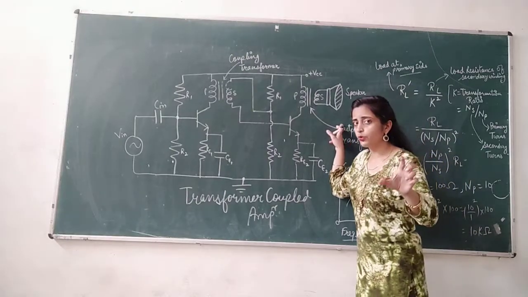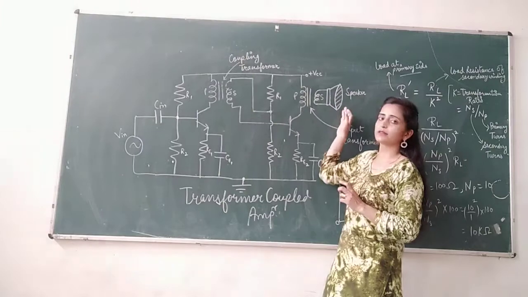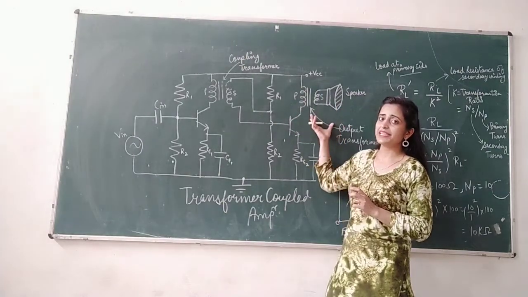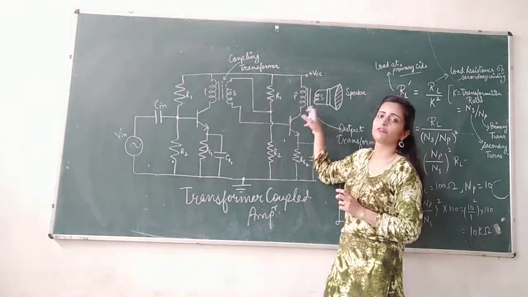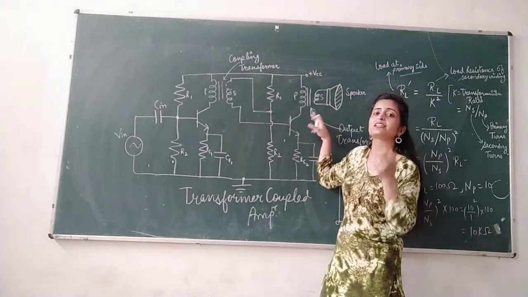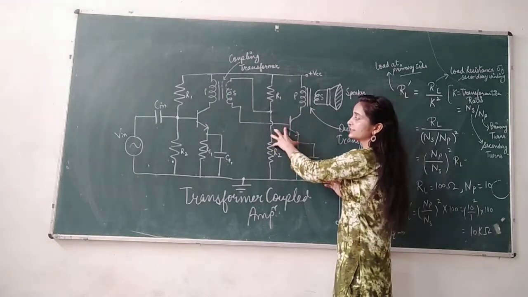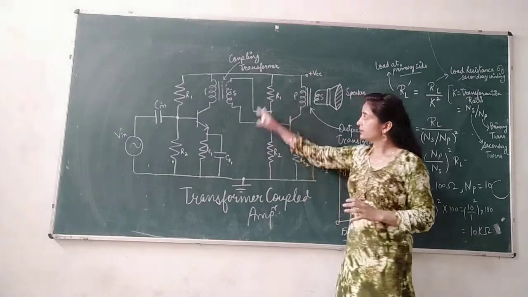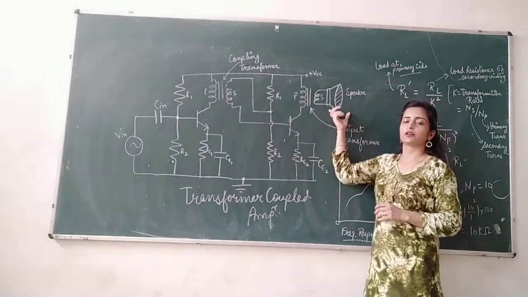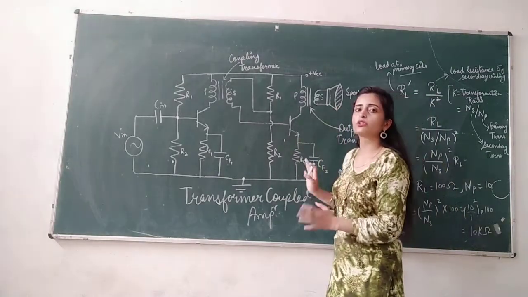As I have told you earlier, the primary and the secondary of the transformer have different numbers of turns. So these different numbers of turns basically help in impedance matching of this circuit, that is the high impedance, and of the speaker which is of low impedance, right? So this was all about the construction.